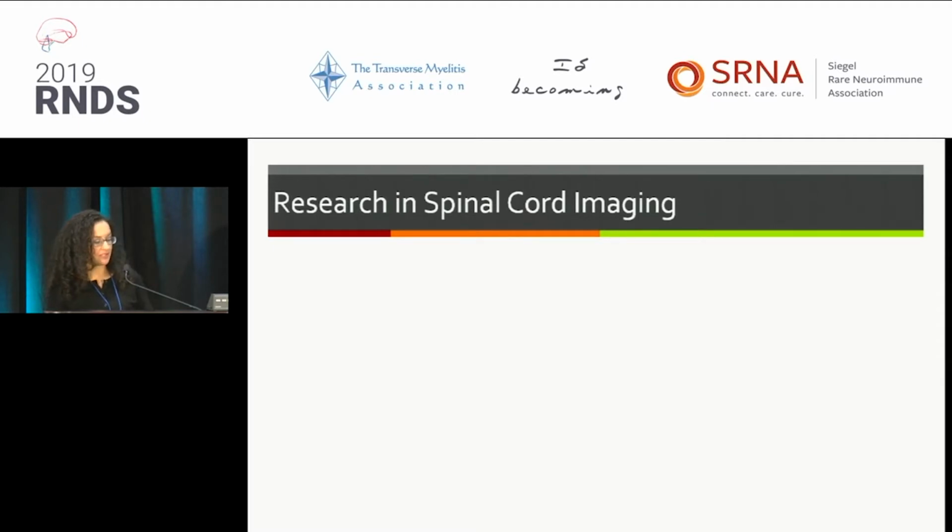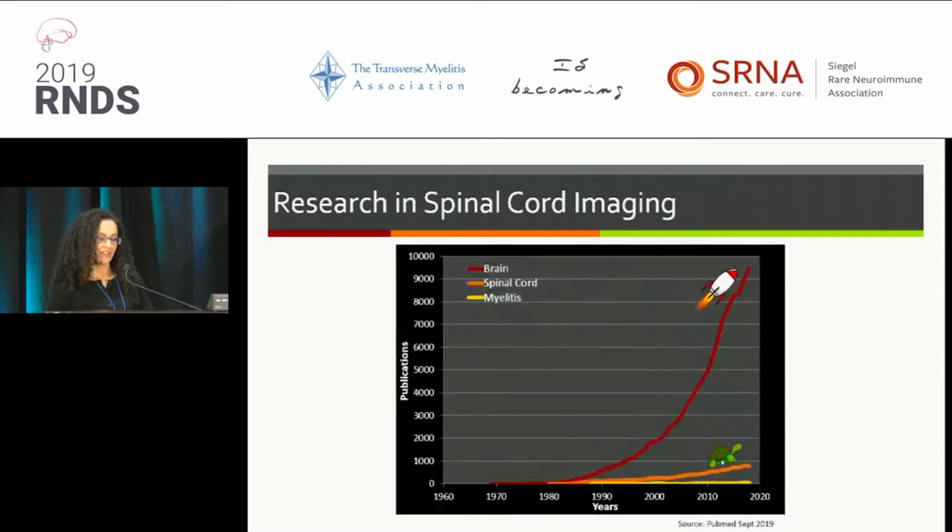There's a lot of interest in the community to push spinal cord research. I have a very nice graph here to show you, compared to brain imaging. At the bottom, we have years from 1960 to about 2018. In red is brain, all the brain papers. The scale is 0 to 10,000 papers.